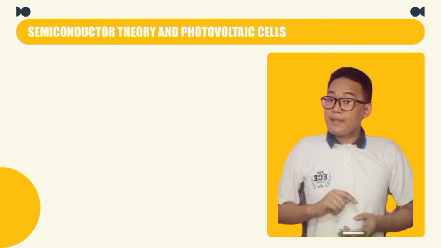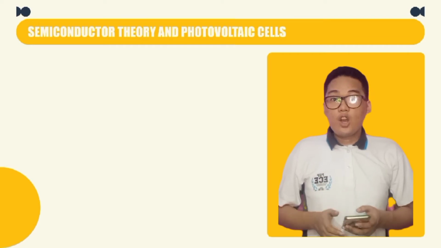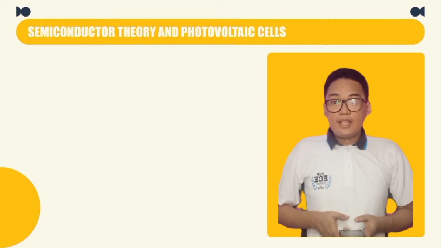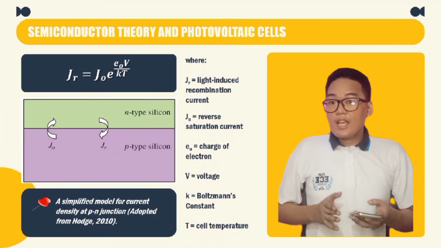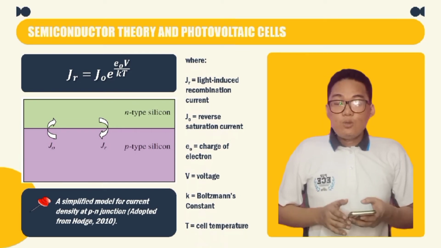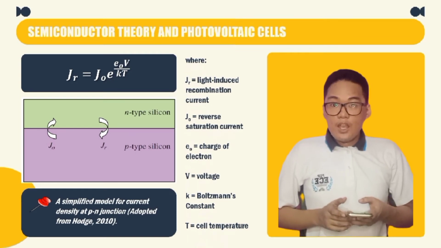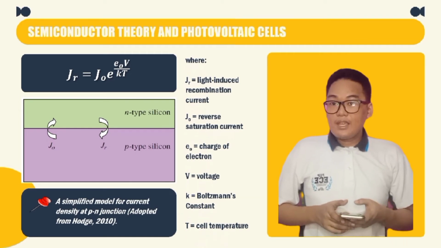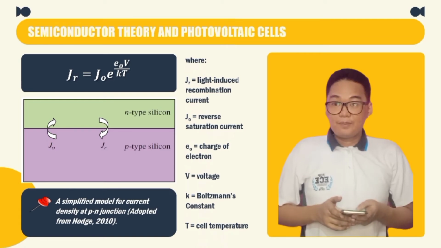Now, gaining a basic understanding of solar cells requires one to have a good grasp of the concepts of semiconductor and atomic theories. Mathematically speaking, the principle of solar cells is founded on this equation, which tells us that the light-induced recombination current, J sub R, is equal to the reverse saturation current, J sub O, multiplied by e raised to the ratio of the charge of an electron multiplied by voltage V, to the Boltzmann constant k multiplied by cell temperature.